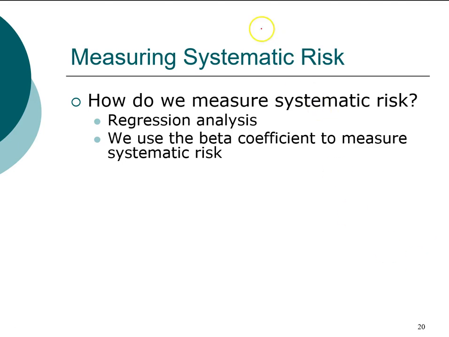In fact, one of the names for systematic risk is beta, because beta is oftentimes the term that we use to describe the slope coefficient. So beta here is the coefficient of the slope of the regression analysis. When you run a regression and you come up with a slope coefficient, that is the beta coefficient. So the beta coefficient is the systematic risk of a particular stock.